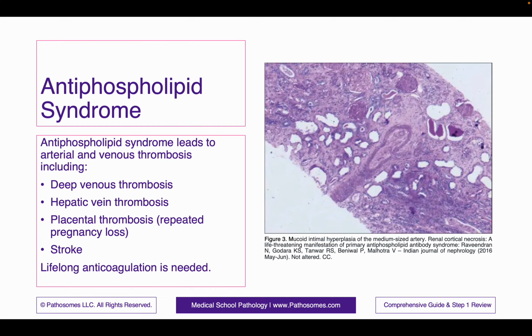So for antiphospholipid syndrome, lifelong anticoagulation is needed. This image here to the right is showing mucoid intimal hyperplasia of a medium-sized artery, right? Because antiphospholipid syndrome can affect the arteries, causing the obstruction, and that's what we have here.